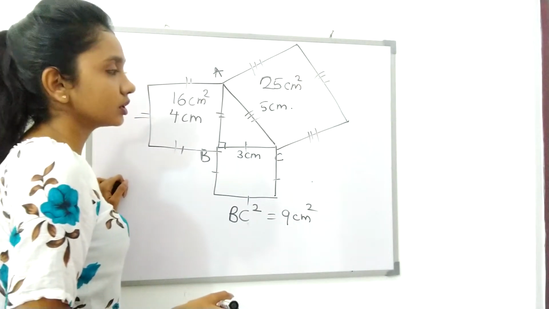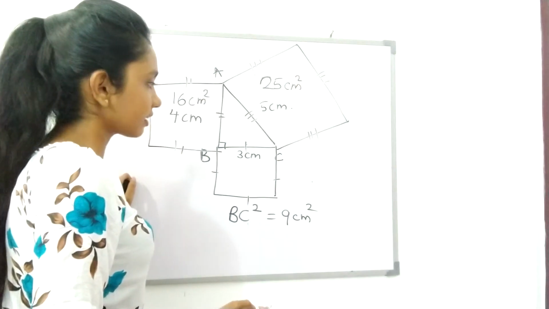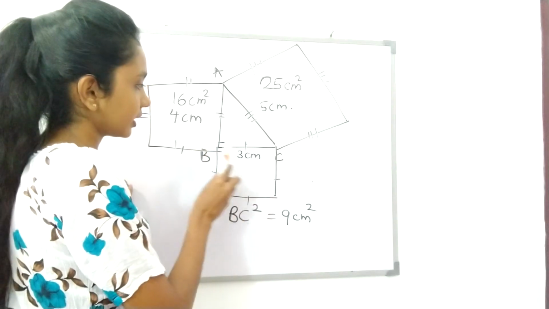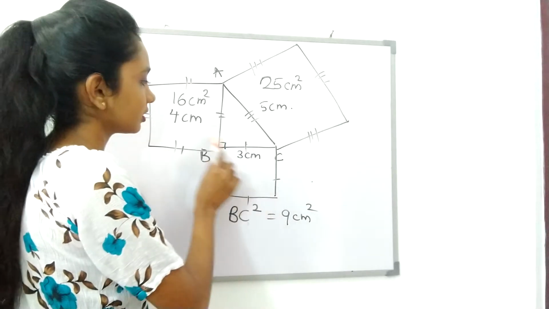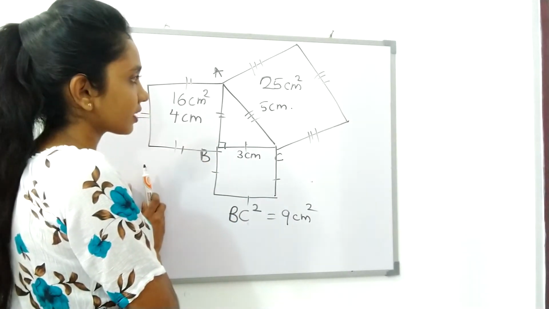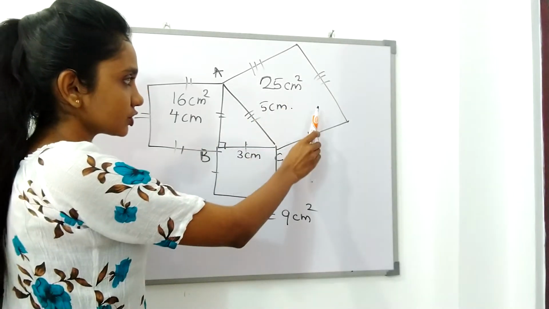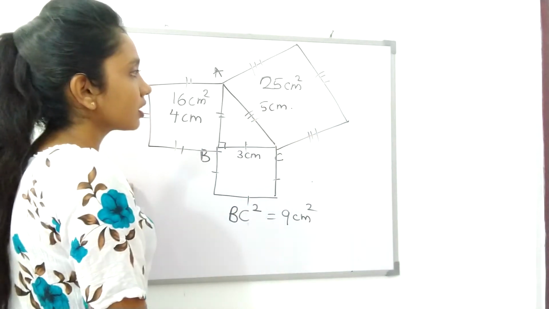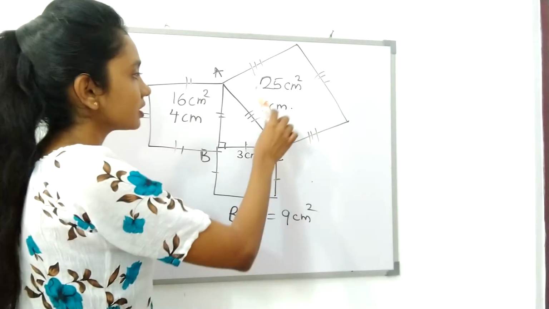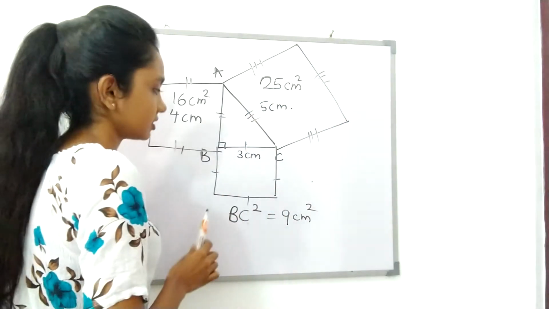According to the Pythagoras relation, he's saying if you add the areas of these included side squares, it is equal to the square of the hypotenuse, the area of the square drawn for the hypotenuse.